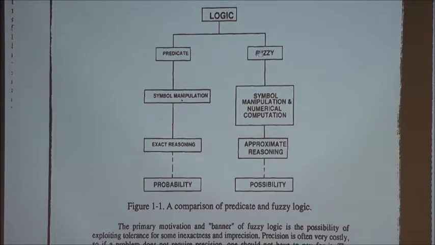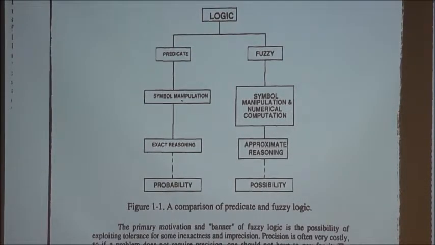In fuzzy logic, you have symbol manipulation and numerical computation. Your reasoning is approximate, it's not exact, and you have possibility versus probability. That is now a new concept for you that you probably haven't heard of. So possibility, like probability, is between 0 and 1. However, the difference is that in probability you have only 2 values, in possibility you have infinite. Okay?